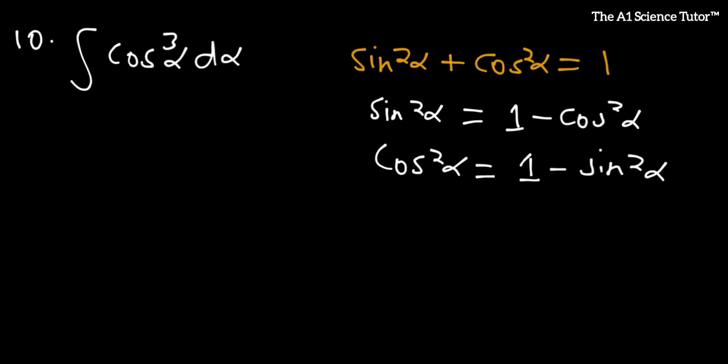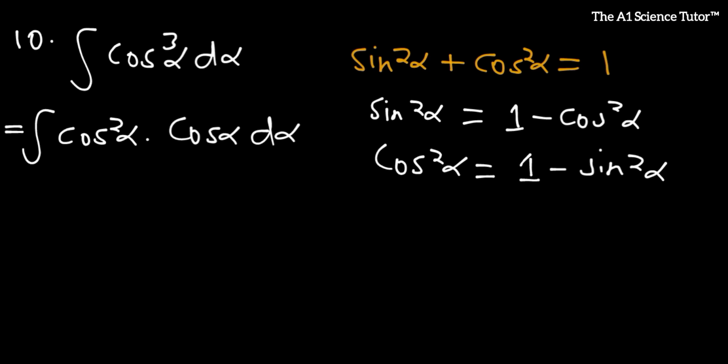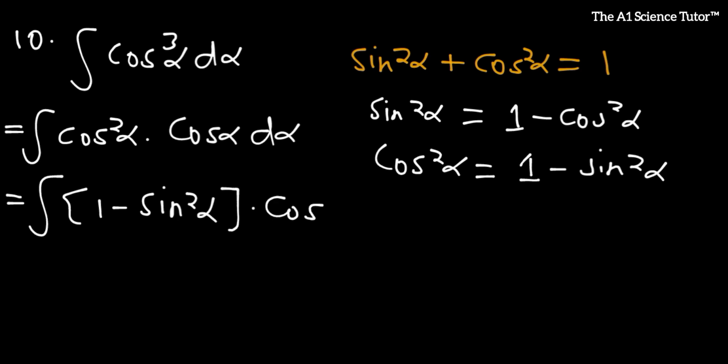So first off, I will split this, and this changes to cos squared alpha multiplied by cos alpha d alpha. Now we know that cos squared alpha is the same thing as this stuff. So this changes to 1 minus sine squared alpha, and this is multiplied by cos alpha d alpha.